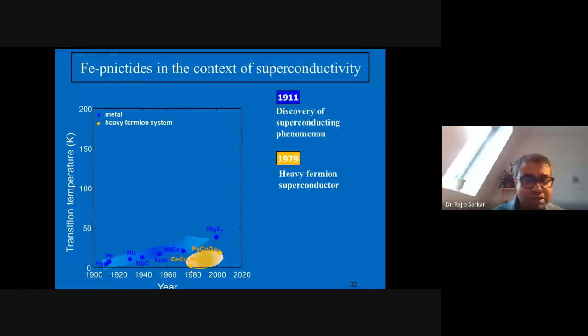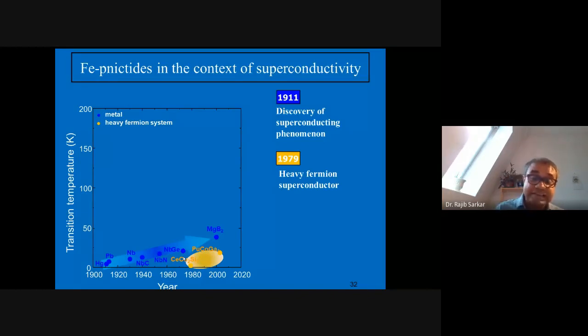As I told you, in 1911 there was the discovery of the superconducting phenomenon, and in 1979 the first discovery of a heavy fermion superconductor, particularly cerium copper two silicon two. That was the first unconventional superconductor, where superconductivity was obtained in the presence of magnetism.